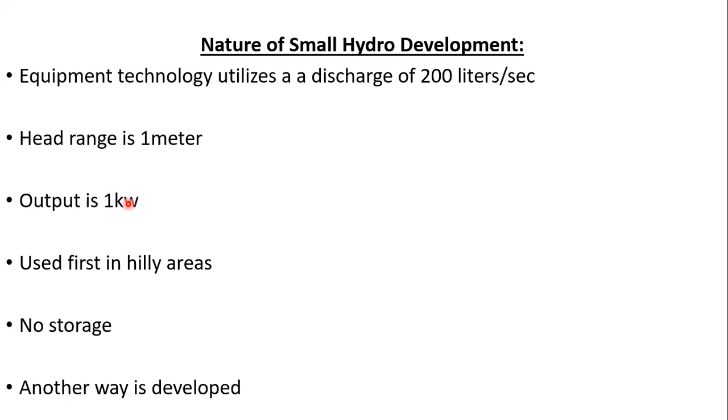When the river is running, we can use this water. The power is generally consumed in the local areas, eliminating the requirement of long transmission lines, so nearby areas can utilize this power.